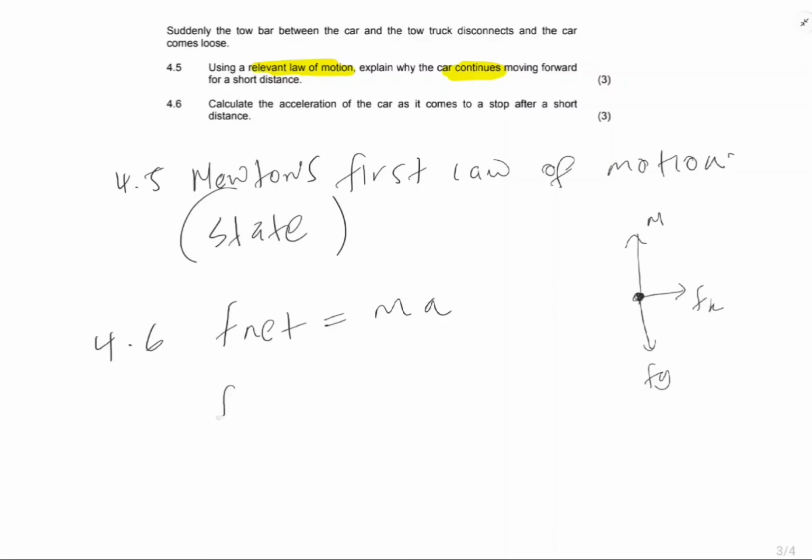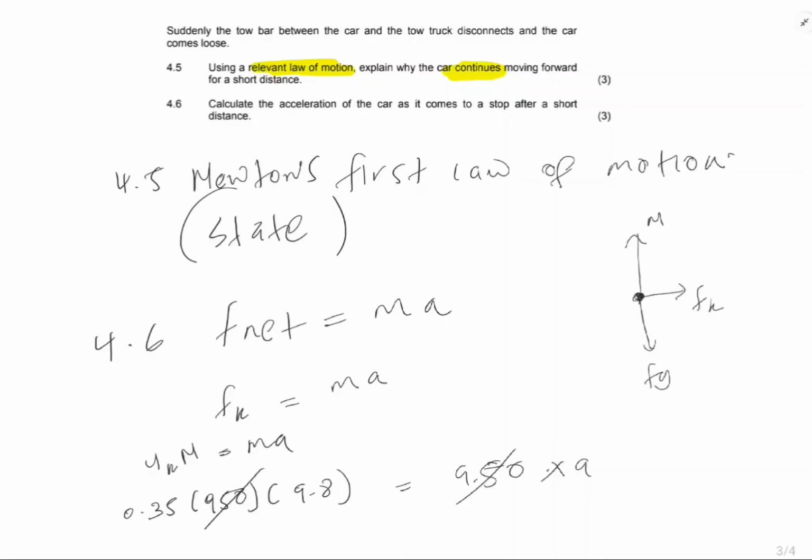So now it's just Fk is equal to ma, and remember that this is mu k times N, which is ma. Our mu k, we calculated to be 0.35, and remember that N is the mass, which is 950 times 9.8, equal to 950 times the acceleration.